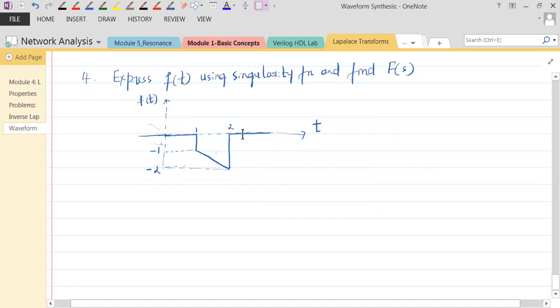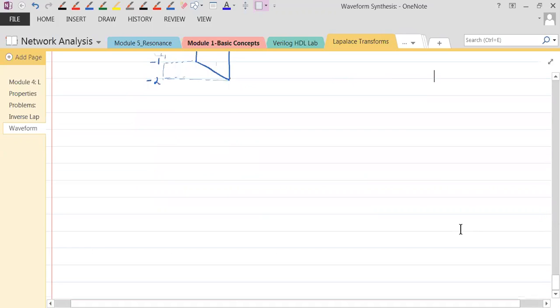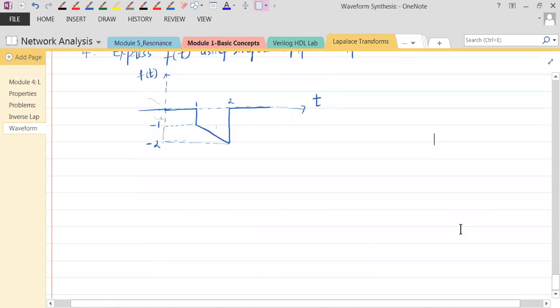So what would you do if you want that negative ramp to exist only from 1 to 2? Which waveform would you bring there for multiplication is the question.